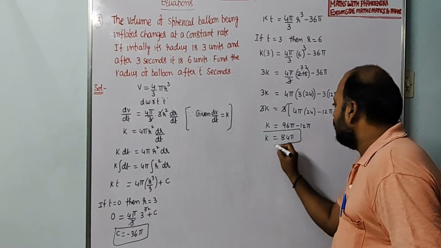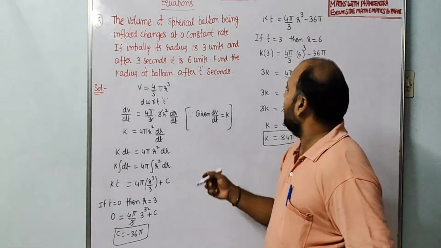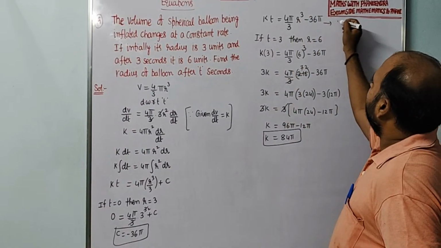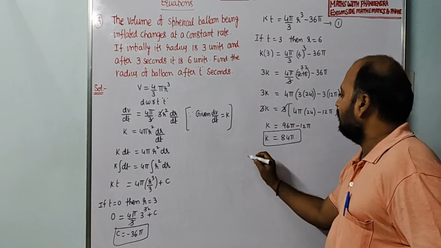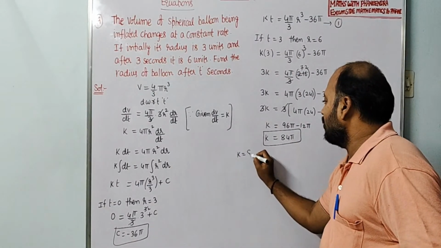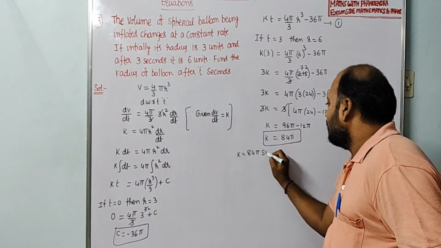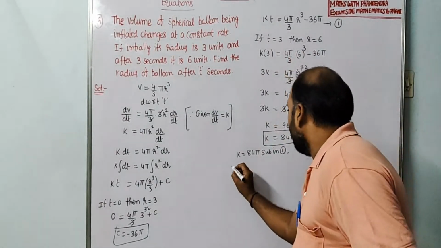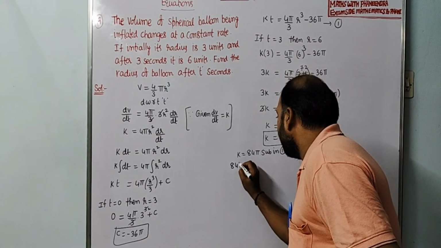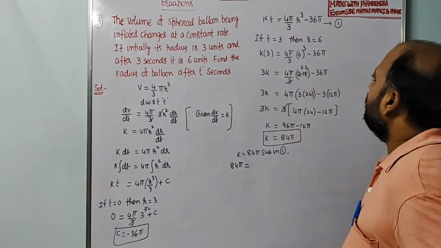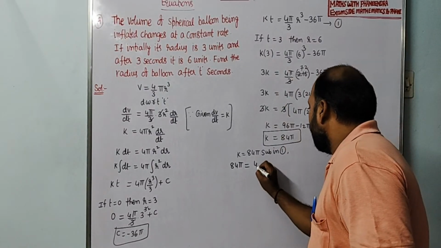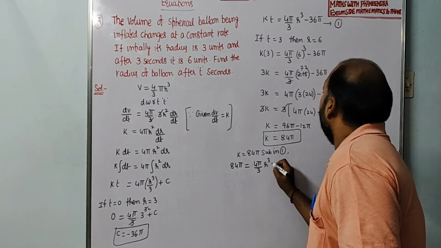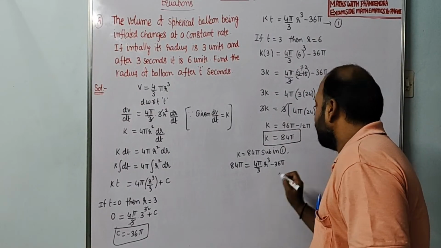This K value, substitute in this. K is equal to 84 pi. Substituting in equation 1, we get 84 pi is equal to 4 pi by 3 r cube minus 36 pi.